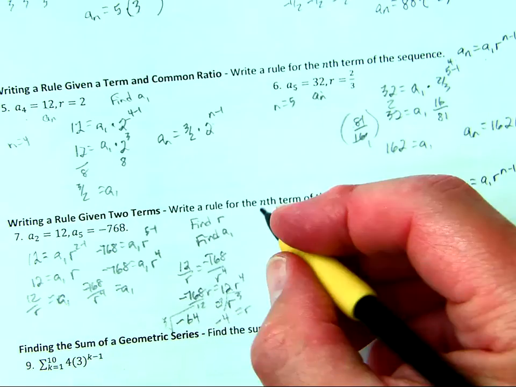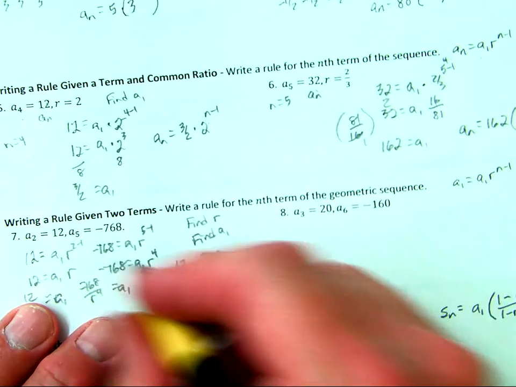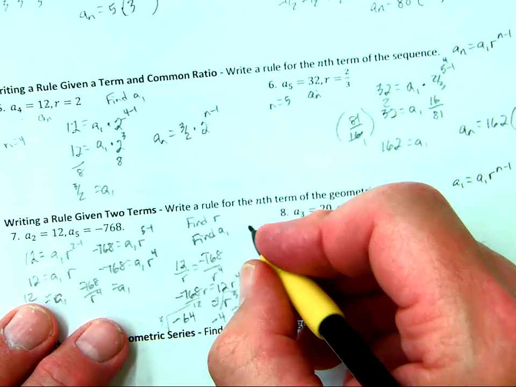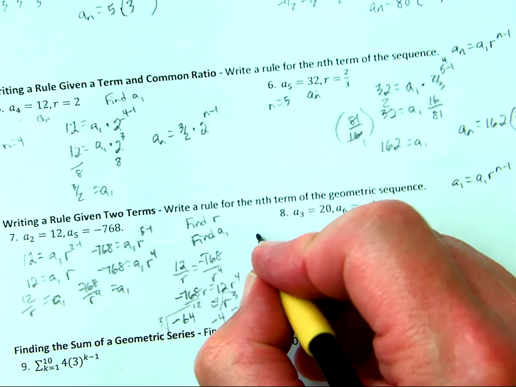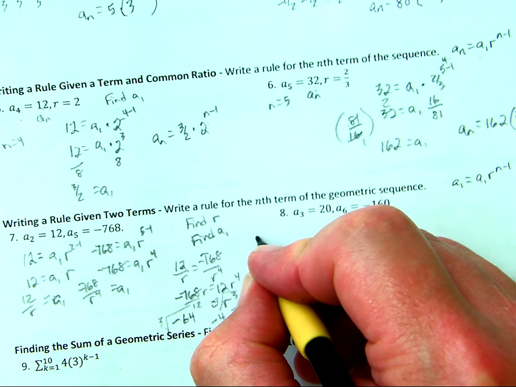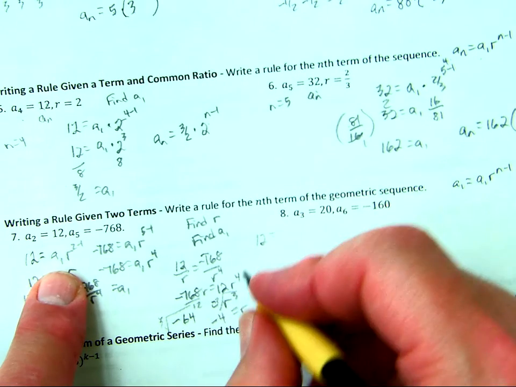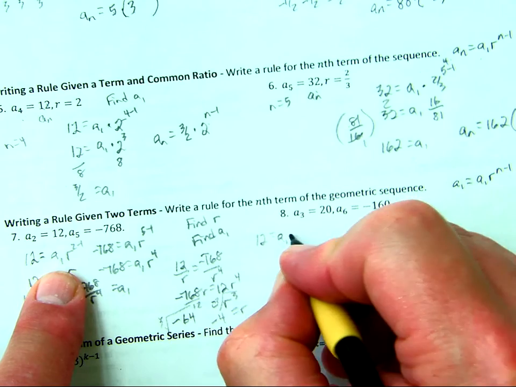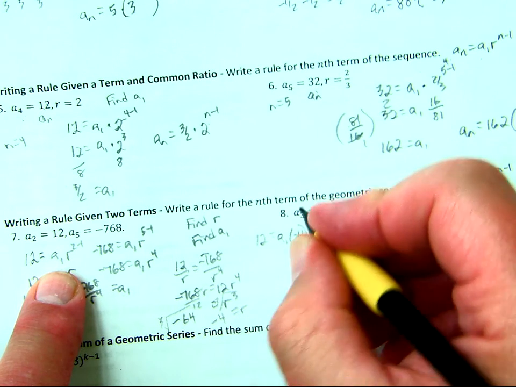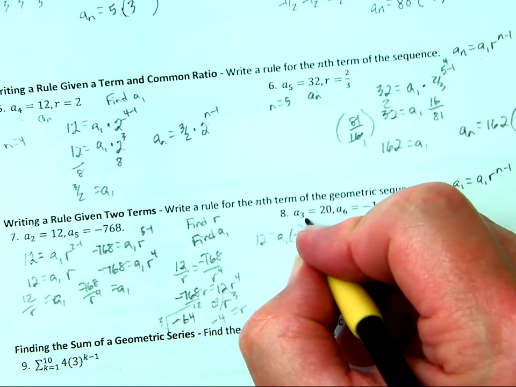Now we need to find a sub 1, so let's go back to one of these. Let's use this first one and do what we did on the last problem. Go back to 12 right here and now plug in for r: a sub 1 times negative 4 to the first power.